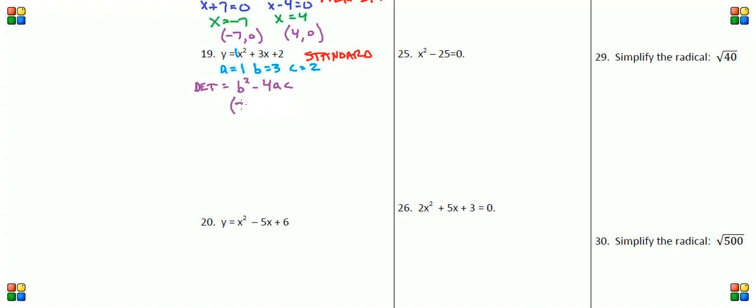Remember, whenever we plug in a variable, we always put it in parentheses. 3 squared minus 4 times 1 times 2. So a is 1, c is 2. That's going to be equal to 9 minus 8, which is equal to 1. So our determinant is equal to 1.